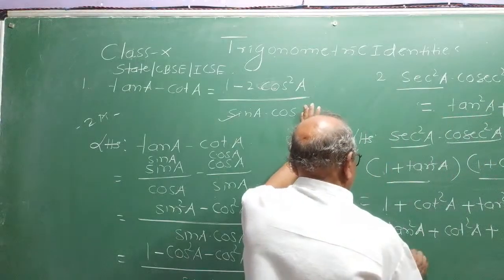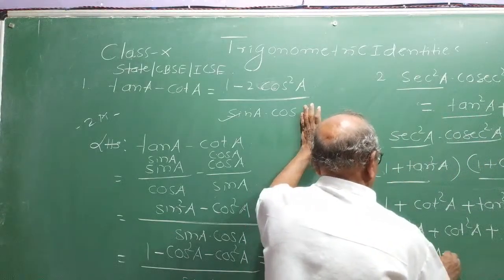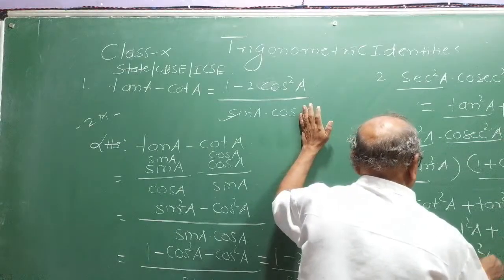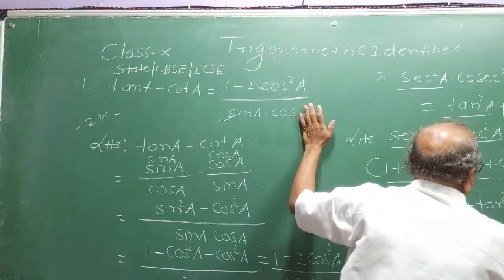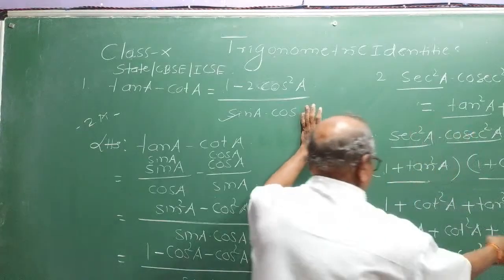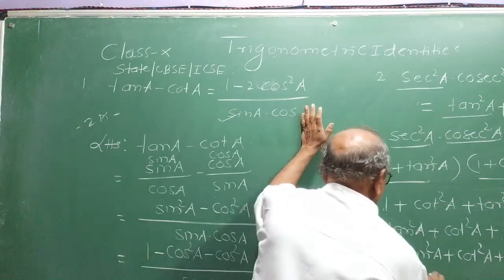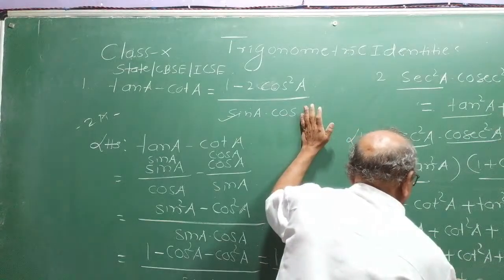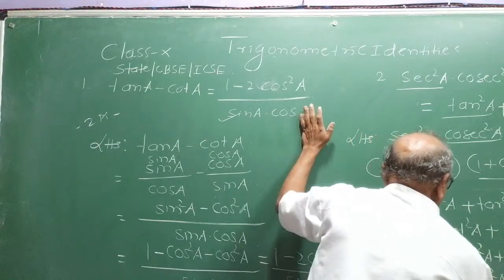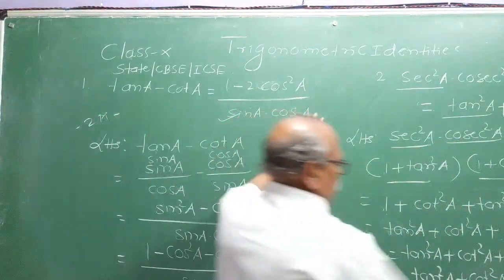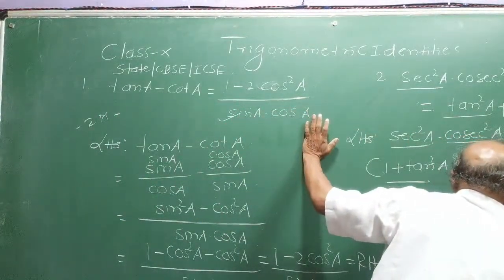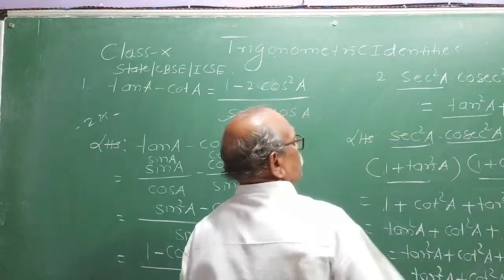So it is tan square A plus cot square A plus 1. What is tan A into cot A? It is 1. 1 square will be 1 only. Now 1 plus 1 becomes 2. You will get tan square A plus cot square A plus 2, which is the right hand side of the result.